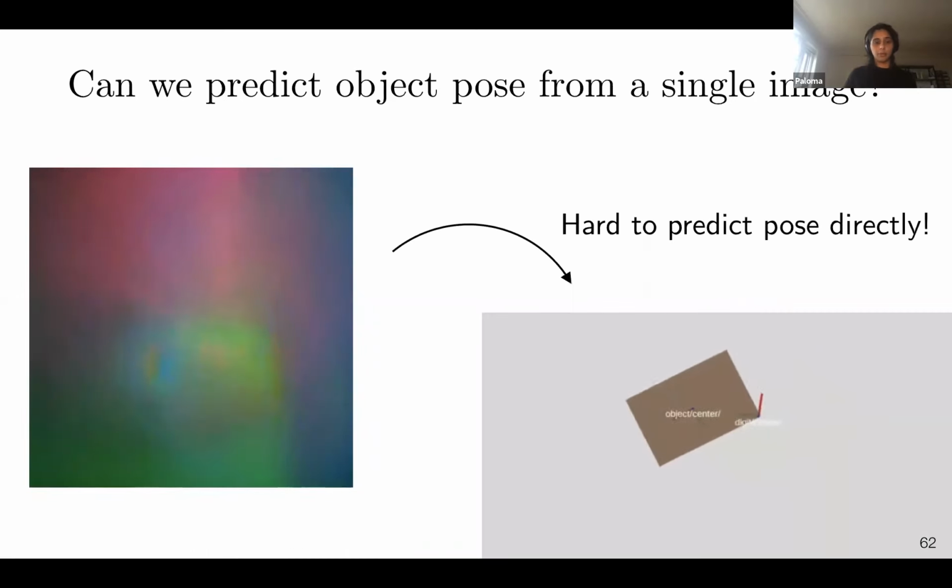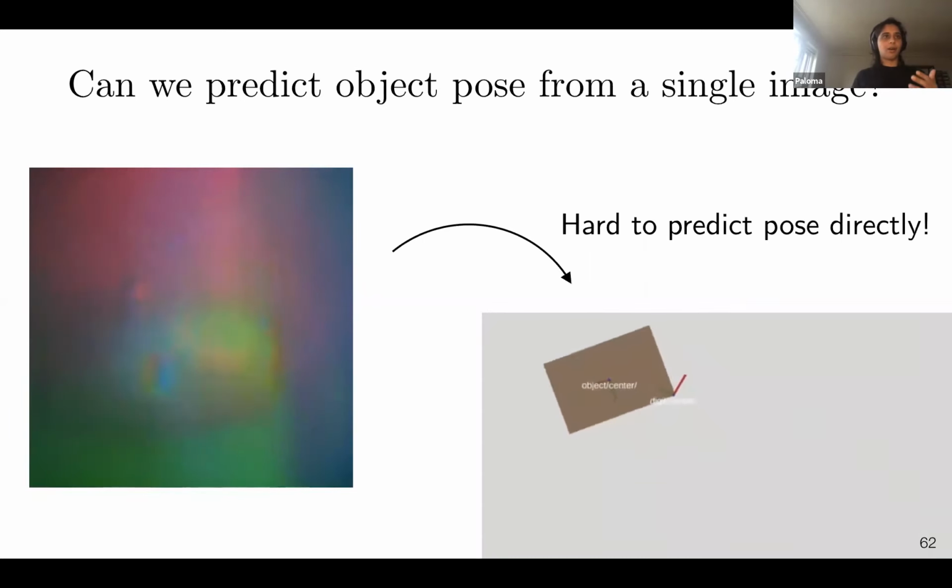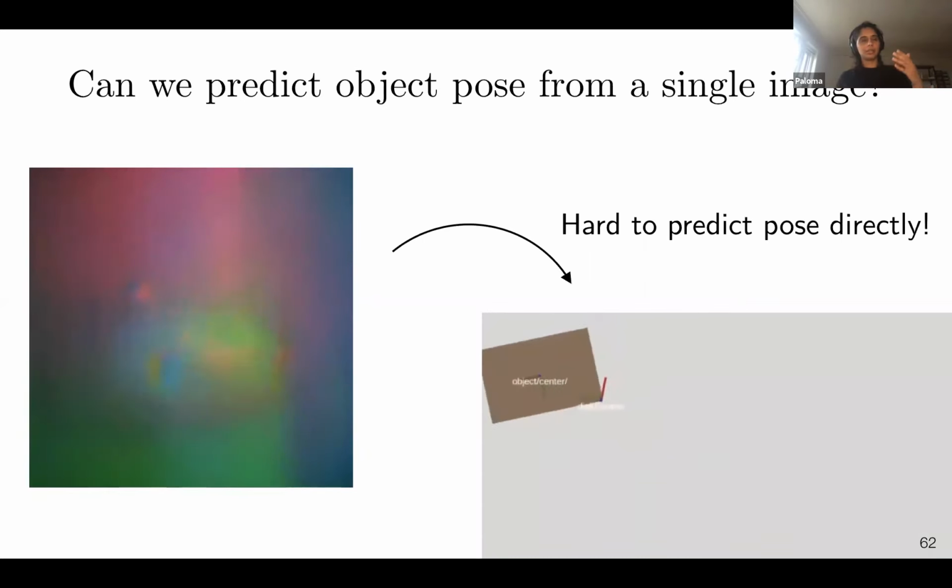So if you look at the image here, on the left, the tactile images are being generated from the pushing trial on the right. And just looking at the movement in the image, it's really hard to tell what the object pose would be relative to your sensor.